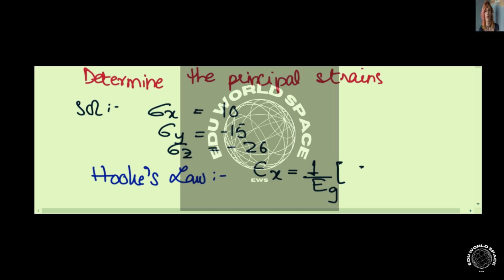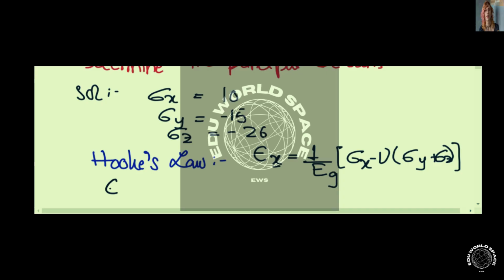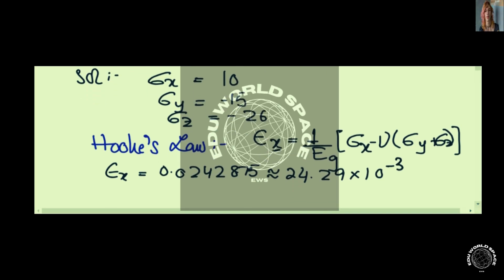In the square bracket, since we are doing it for the x direction, the stress for the x direction will be at the start of the square bracket, minus epsilon, parenthesis open, and in these parentheses we will have the stresses for the y direction plus the stress of the z direction, right? Now we have all of these values, just plug them in and you'll get that the strain for the x direction is equal to 0.024285, and that is approximately equal to 24.29 times 10 raised to the power negative 3, right?